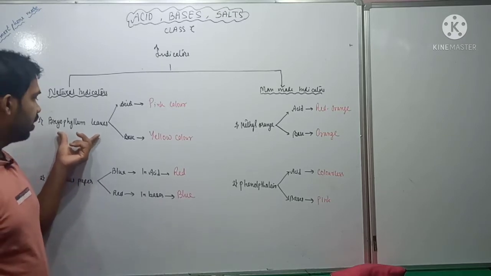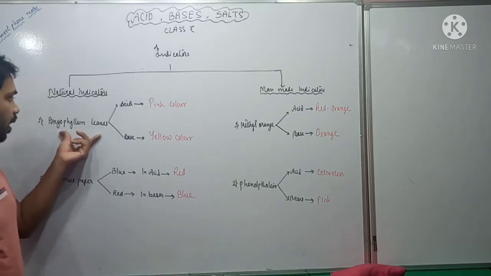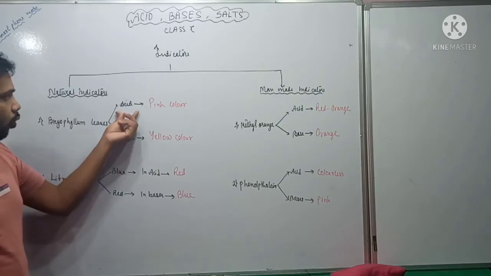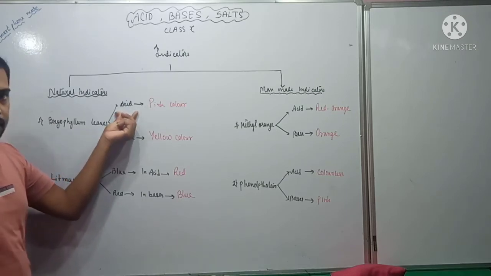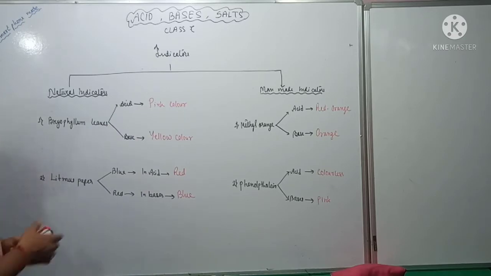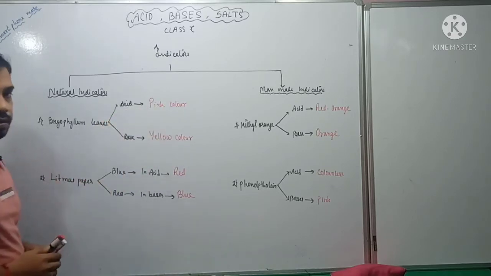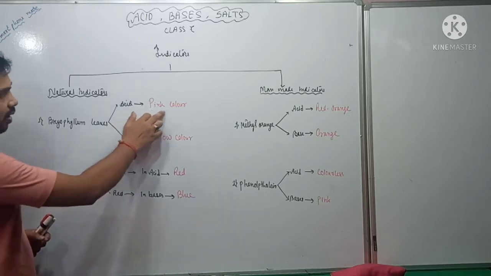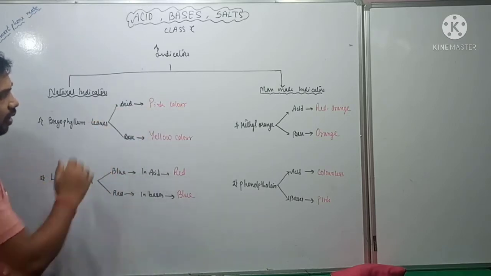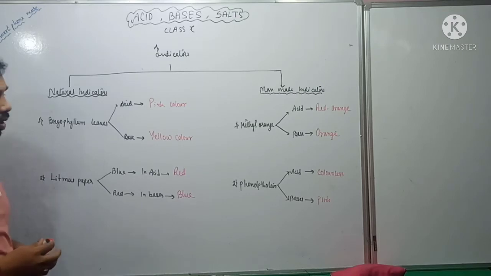Then you pour it in acid and check what color it changes to. You will see that it changes into pink color. If it changes into pink color, then it shows that the solution is acid.